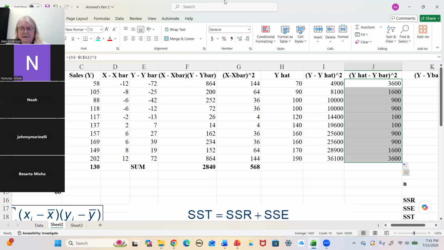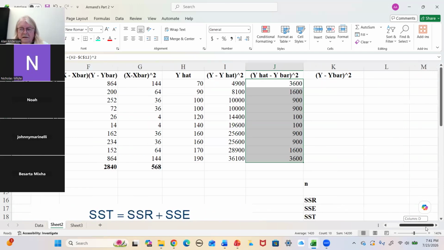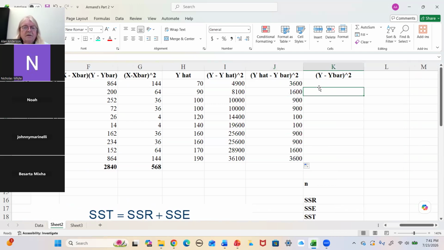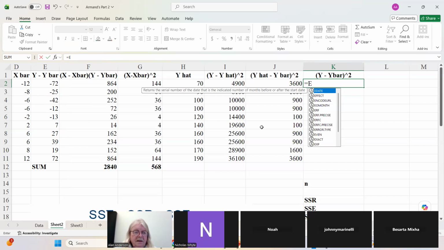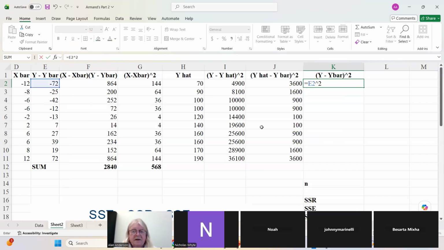And then here we're literally just squaring. This is something completely new. This is just y minus y bar. Okay. So that's going to be, oh, it's already there. No, it's e squared. Okay. E2 squared. That's better.